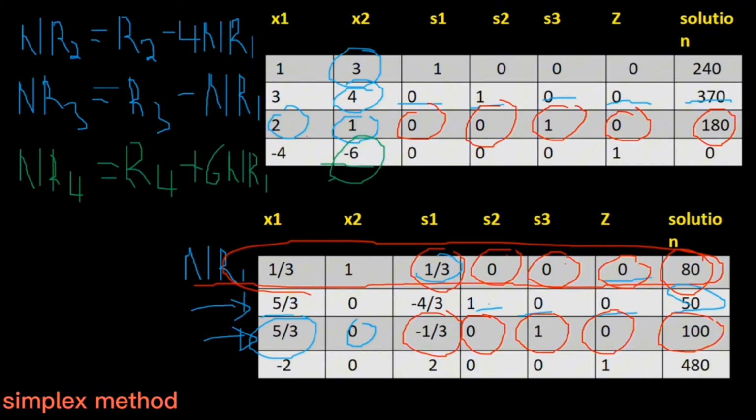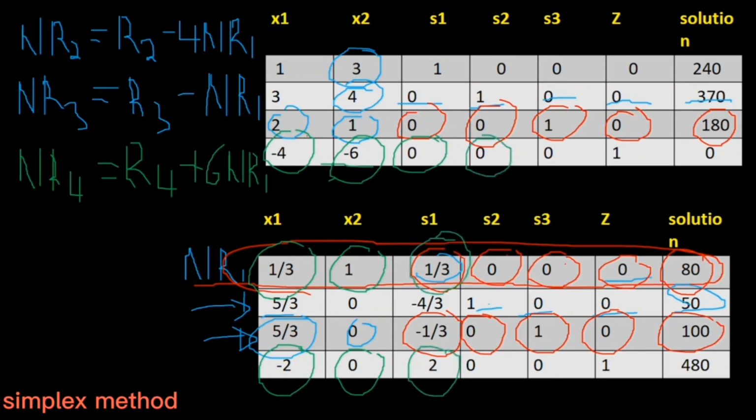This negative 6 plus 6 times 1, that is 0. We take this negative 4 plus 6 times 1/3 is equal to negative 2. 0 plus 6 times 1/3 is equal to 2.